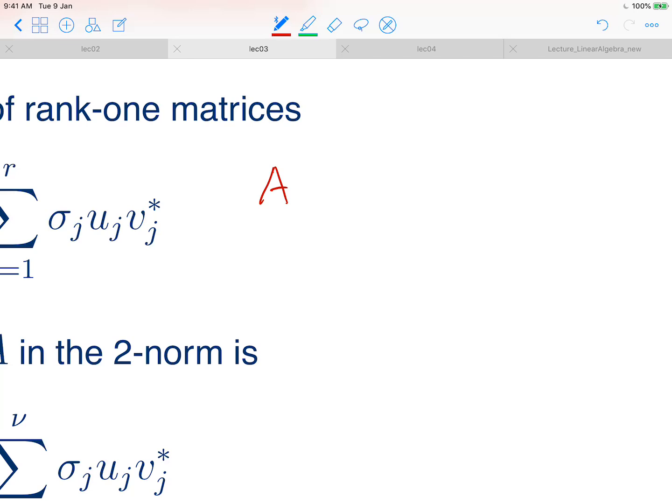Suppose we are given the matrix A, and you want to represent this matrix as another matrix that has much lower rank compared to the original matrix A. If the original matrix A is maybe 100 by 80, then usually the rank of this matrix will be 80, assuming that it has full rank.